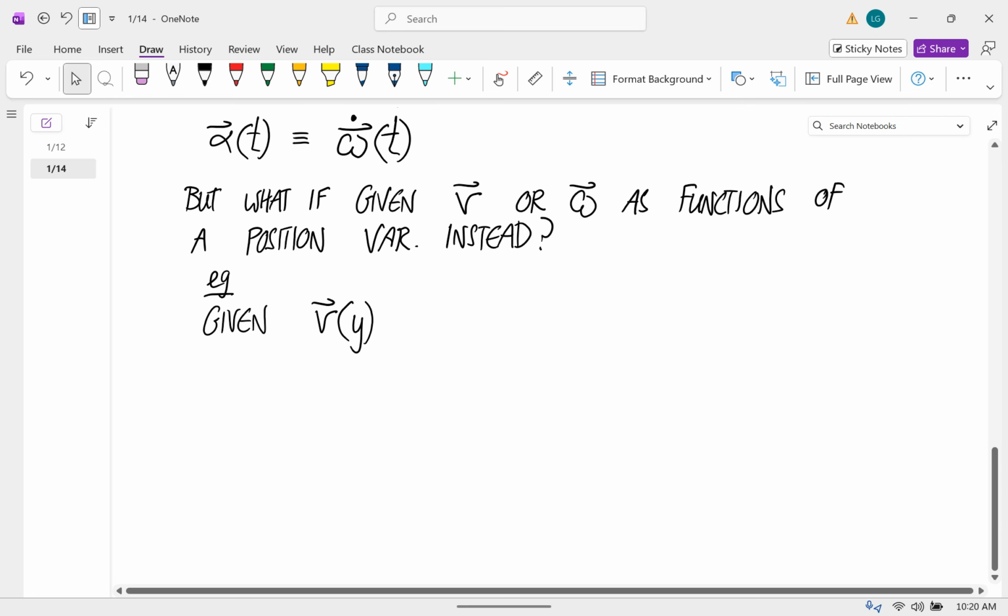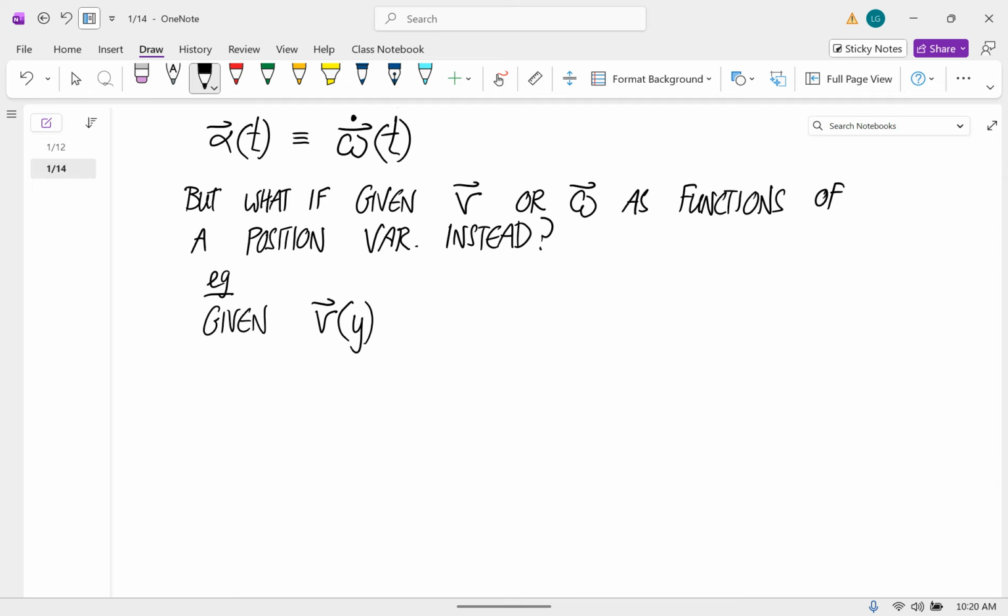What we're going to do in this case is say the acceleration vector is equal to the derivative with respect to time of the velocity vector. That's the definition. We know this is true.